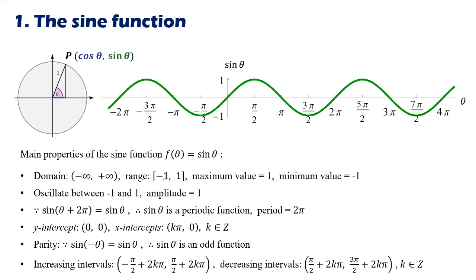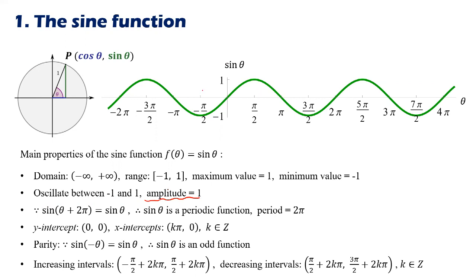The range is -1 to 1 inclusive, right? Of course, the maximum value is 1 and the minimum value is -1. And this function actually oscillates between -1 and 1. And we call this behavior an amplitude of 1, right?